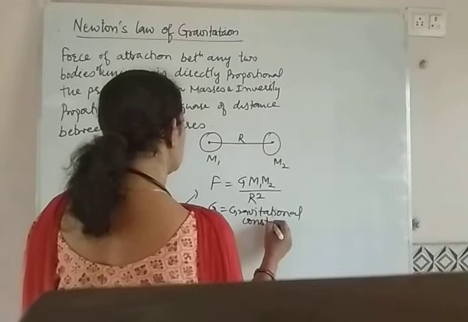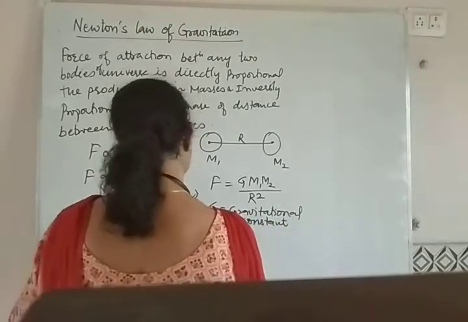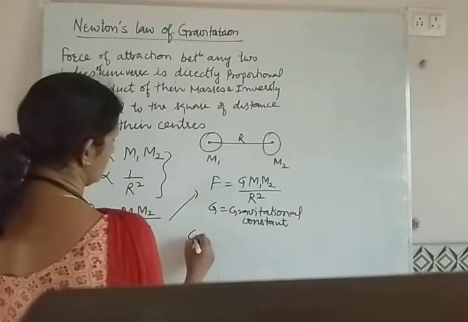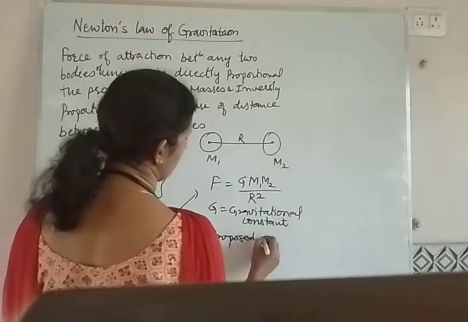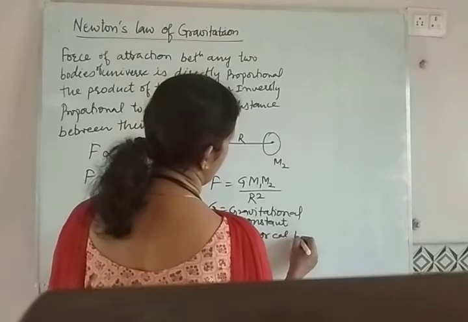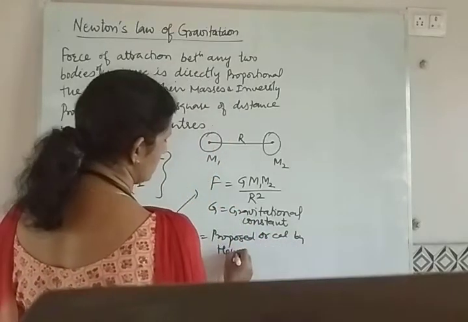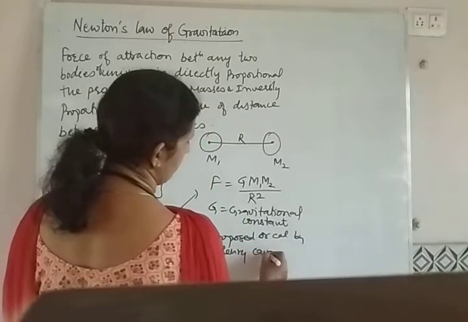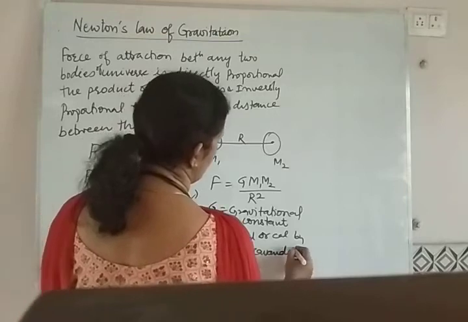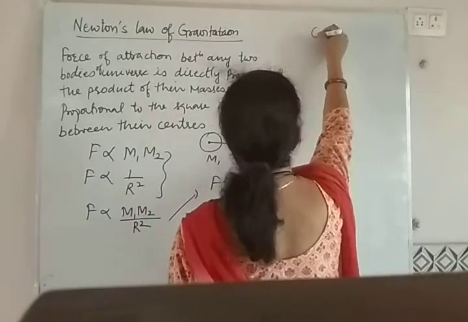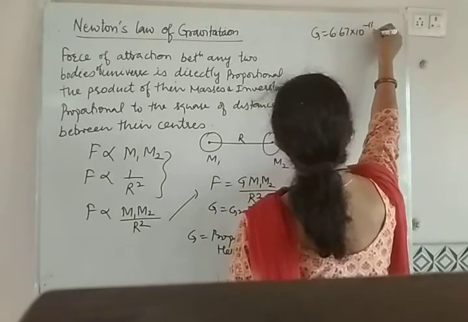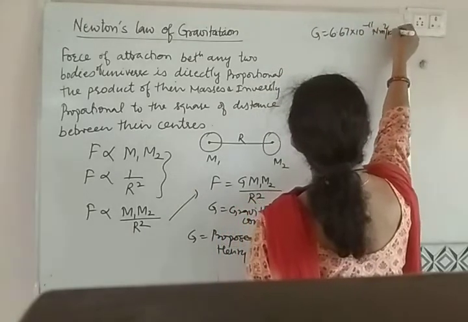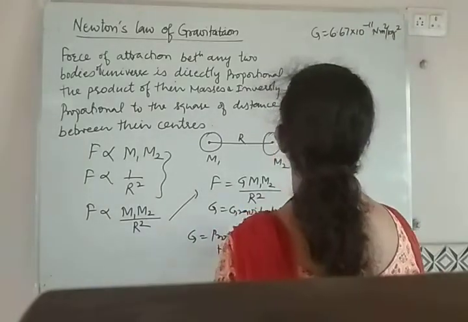This value was calculated by Henry Cavendish, and it is found to be G equal to 6.67 into 10 raised to power minus 11 Newton meter square per kg square.